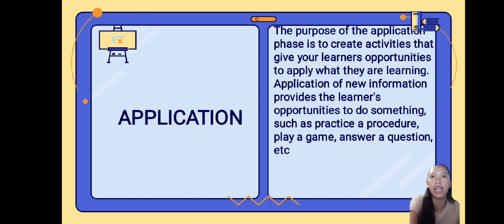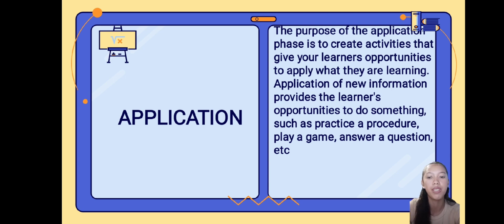When we say application, the purpose of the application phase is to create activities that give the learners opportunity to apply what they are learning. Application of new information provides the learners opportunities to do something, such as practice a procedure, play a game, or answer a question.